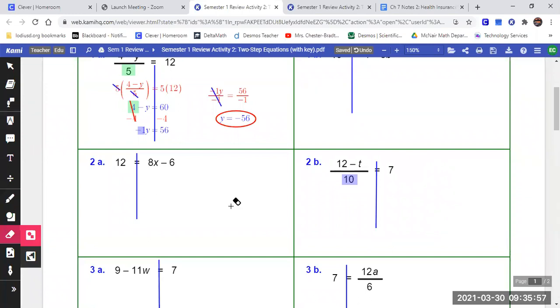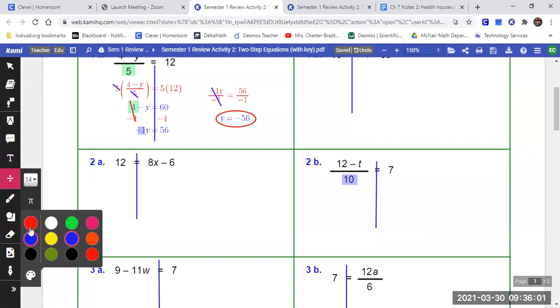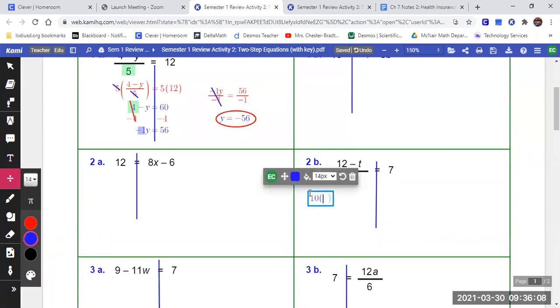Because I have this 10 on the bottom, I have to get rid of it with the big 1. So I have to multiply both sides by the 10. I have a 10 times the whole thing, 12 minus t, divided by 10. That's how it all fits. And that's going to equal the 10 times the 7.